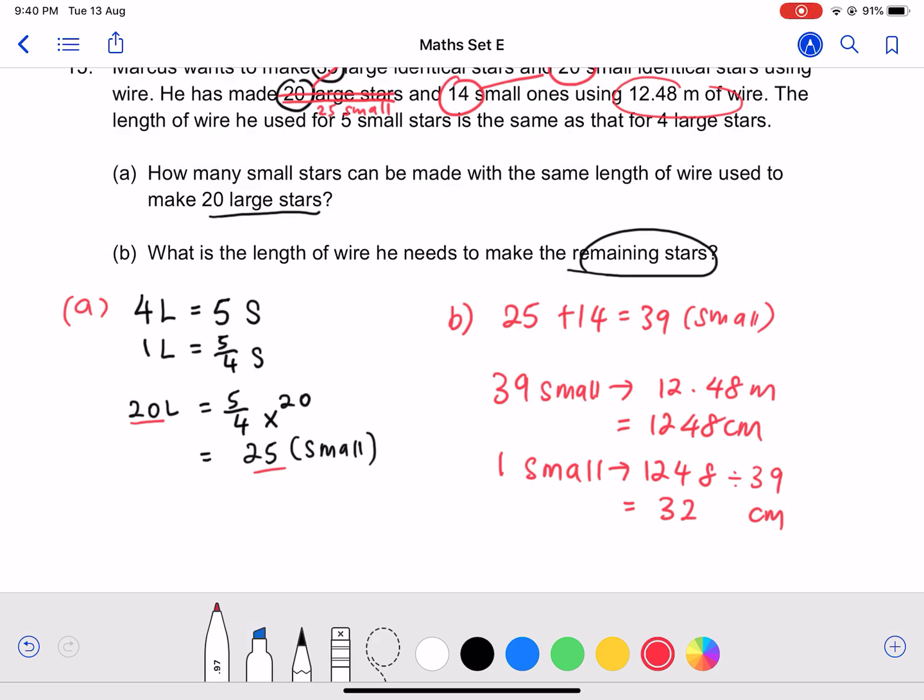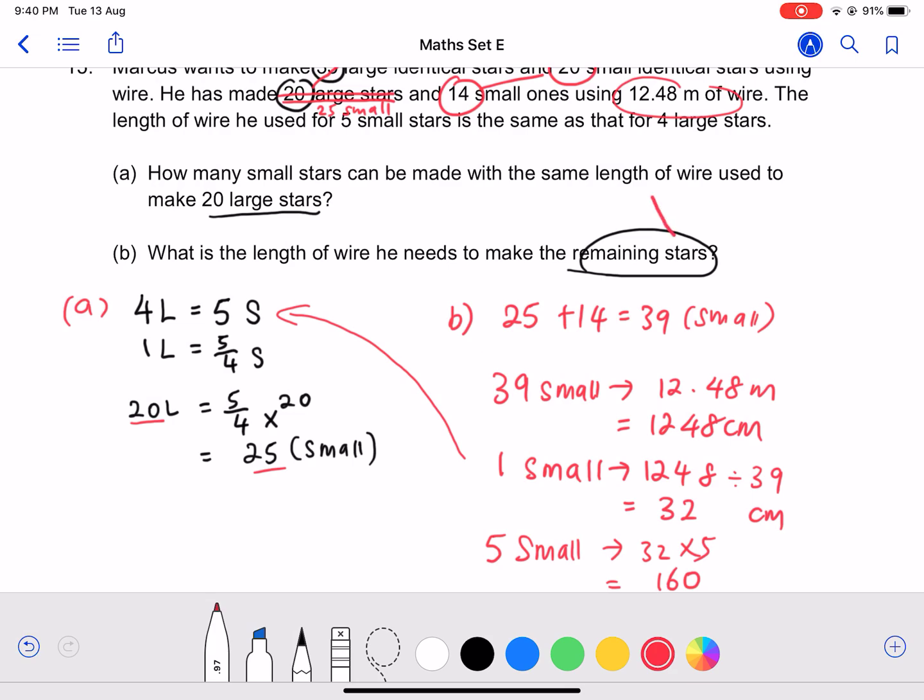So far I know that 1 small is 32 cm. Right? So with this, can I actually find out how much is needed to make 1 large? If 5 small is the same as 4 large, so let's find out 5 small. 32 times 5 is 160.